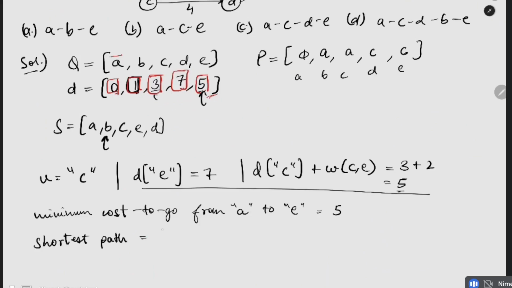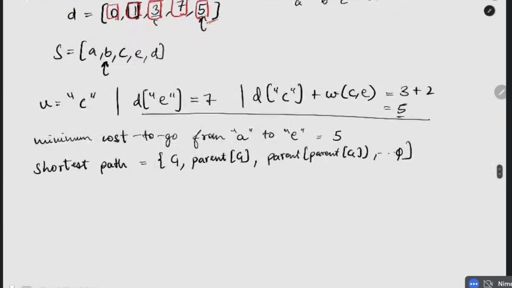what we do is we start at our goal vertex, and then we keep appending the parent of the vertex and then the parent of the parent, unless we hit null. So let's say we wanted to write the shortest path.